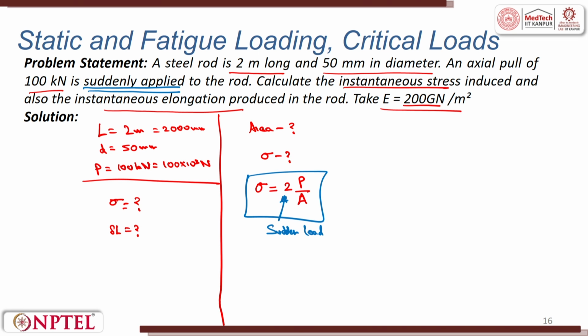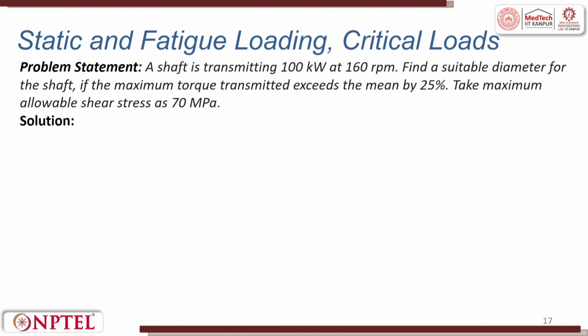So, this you will solve, try to find the answer and compare it with what you get in your lecture notes. The next numerical is talking about a shaft that is transmitting 100 kilowatts at 160 rpm. Now, we are talking about a shaft, that means a torque would come.